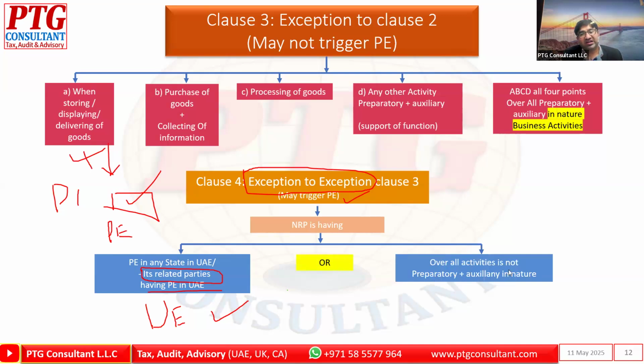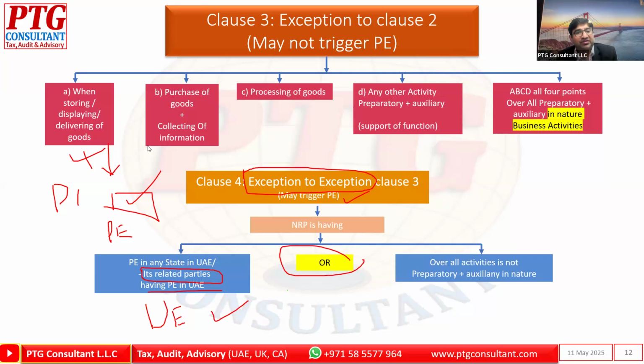Or the overall activity is not preparatory or auxiliary. If we look at all these activities together, that doesn't give us the sense that this is preparatory or auxiliary activity. Why?